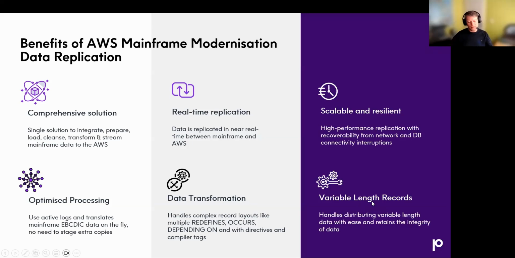Finally, I want to point out the concept of variable length records. If we talk about open systems, and that includes everything that runs in the cloud, we are used to record termination. There is a specific character at the end of each record which signals, this is the end of the record: a carriage return line feed on Windows, a line feed on Unix and Linux.